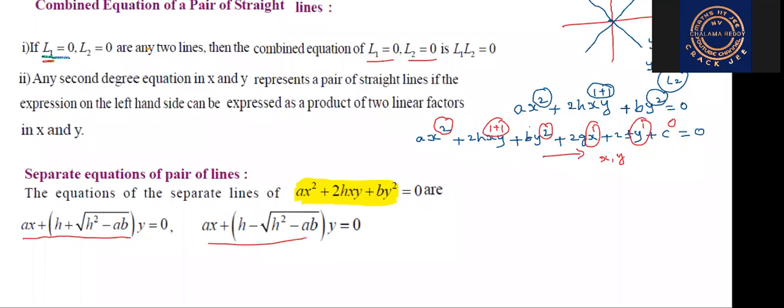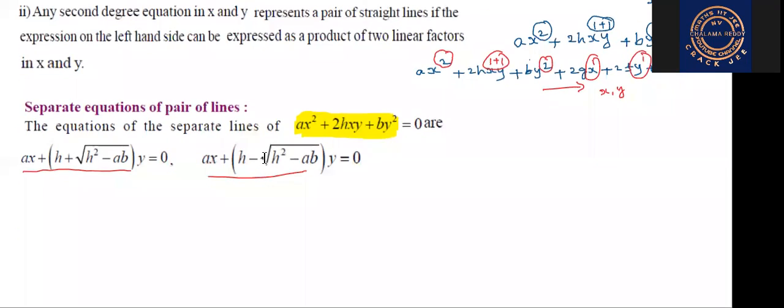Now I am going to explain the proof. Here 2-3 methods are there. Follow any one of the methods. Now a into x square plus 2hy into x plus by square is equal to 0.